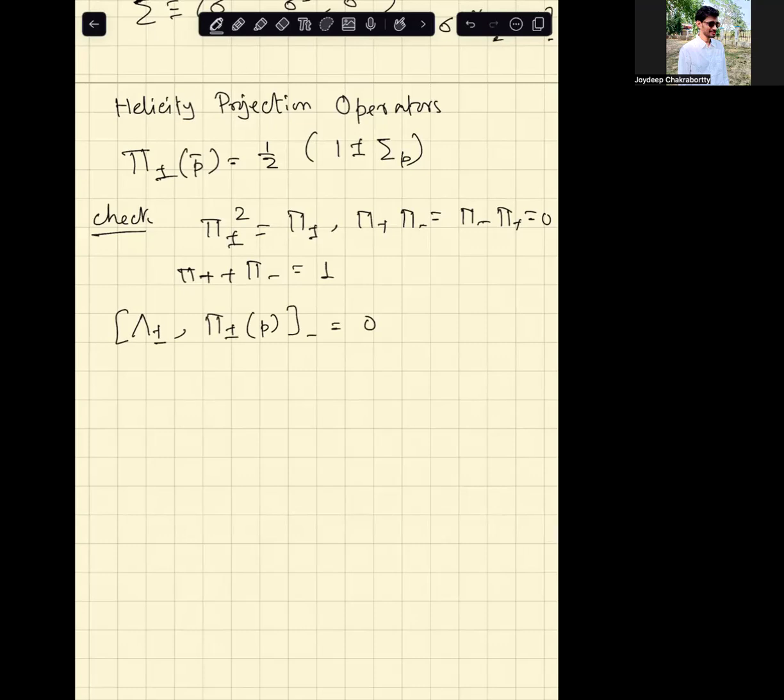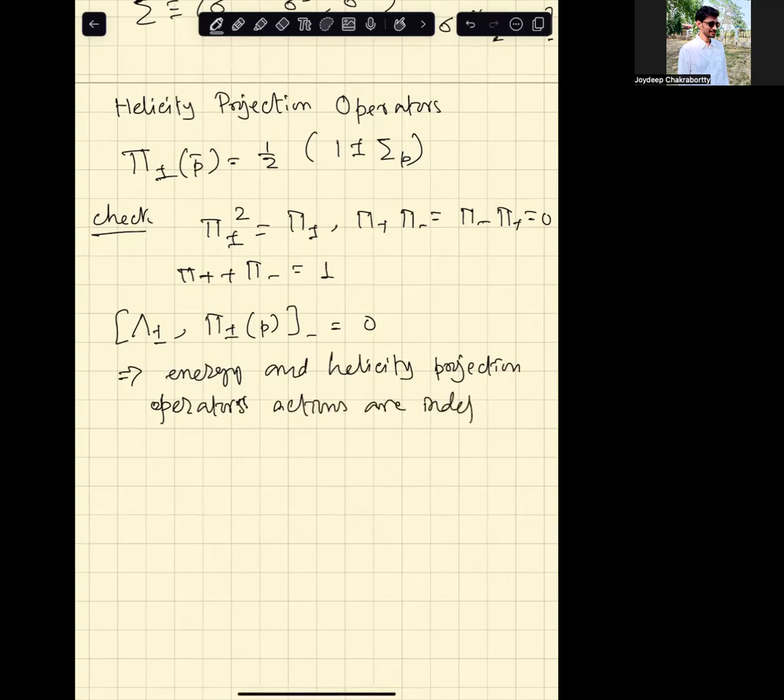So the action of the helicity projection operator and the energy projection operator, they are independent. So that's something. Energy and helicity projection operators' actions are independent.